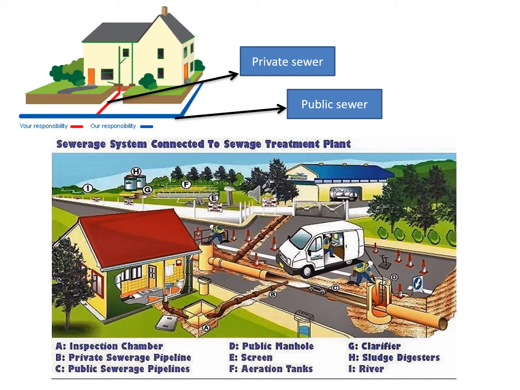Then all the discharge from nearby buildings is collected in the public manhole before being conveyed to the sewage treatment plant, which involves a screening process, aeration tank, clarifier and sludge digesters. Finally the treated water will be sent back to the river.